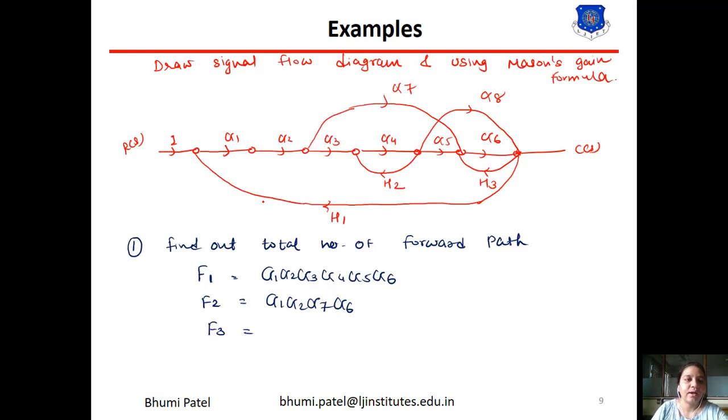You can see that 1 into G1 into G2 into G3, G4 and G8. So the answer is G1, G2, G3, G4 and G8. Now there is no other forward path.